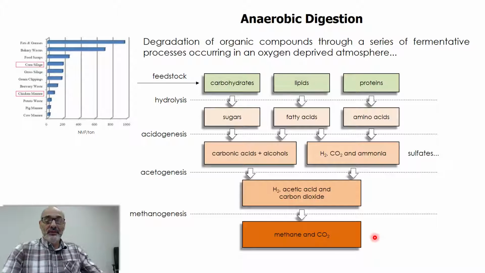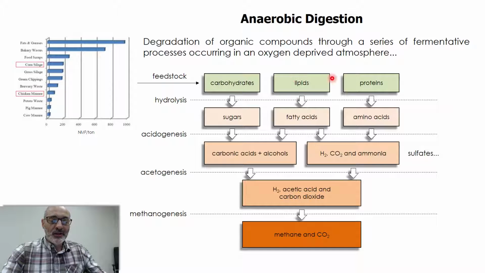So it's very, very difficult to control, and that's why when you change the initial composition, the final compositions may change a lot. Changing the input feedstock changes the relative amounts of carbohydrates, lipids, and proteins, and the consequence is that the composition of your final products may change a lot.